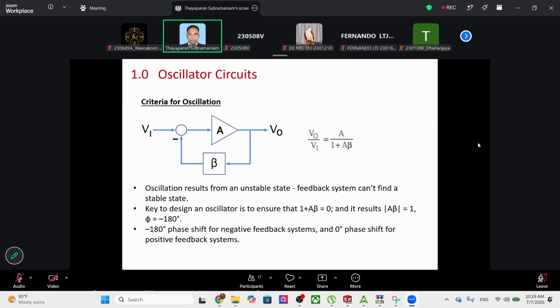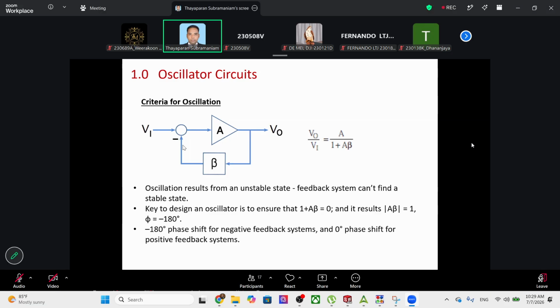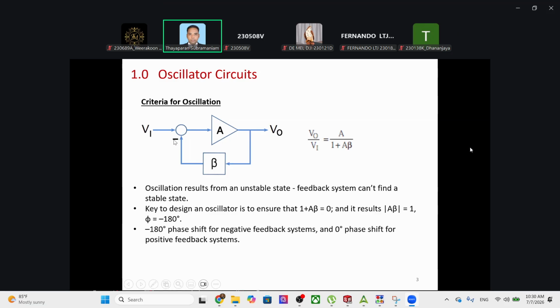And then it is a negative feedback system, therefore we subtract the feedback component. The positive feedback system also can be analyzed by bringing the minus to beta. So beta becomes minus and then it becomes plus. Therefore, output sample is given as an input.